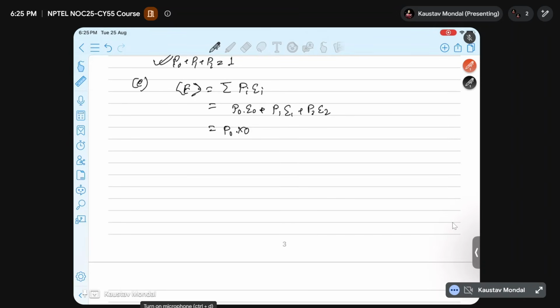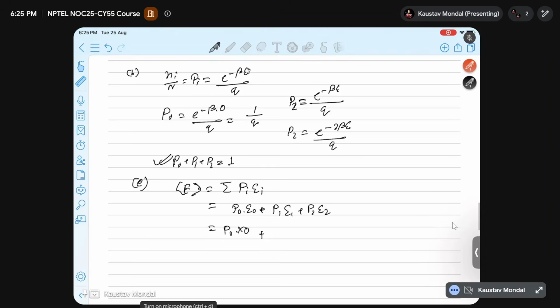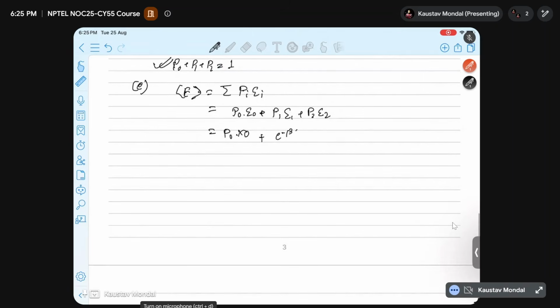P0 into 0 is 0. P1 is e to the power minus beta E by Q into E1, sorry, E1 is E basically, plus P2 is e to the power minus 2 beta E by Q into 2E.